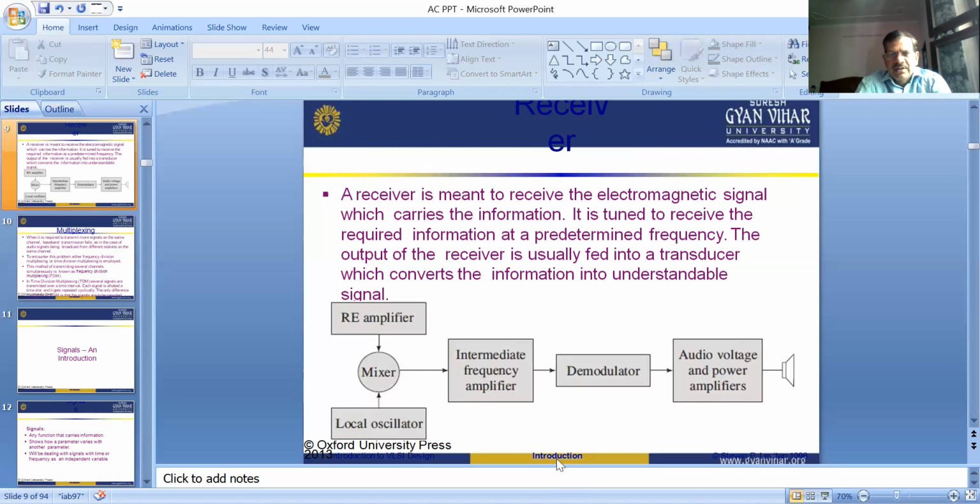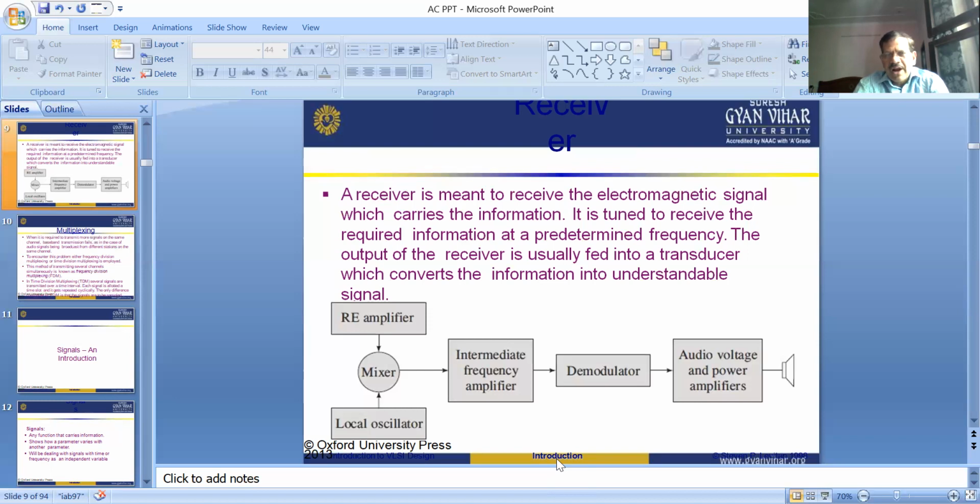In the receiver, the original signal is recovered by the demodulation process, and after demodulation we have the original signal, the modulating signal or base signal. That base signal goes to the audio voltage and power amplifier. The signal may be an audio signal, picture signal, or data signal.